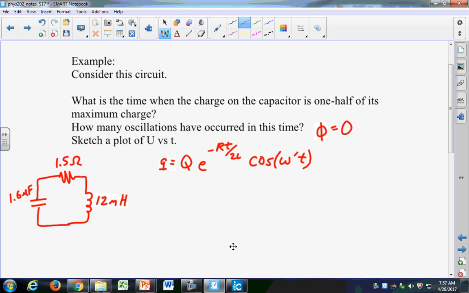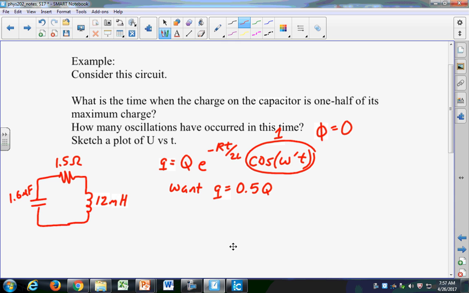We want to know when Q is equal to 0.5 of my maximum Q. Right, that's my maximum value. So we say, first of all, that my cosine omega t term is going to have to be equal to 1 in order to find that point where Q is equal to 0.5 Q, right?